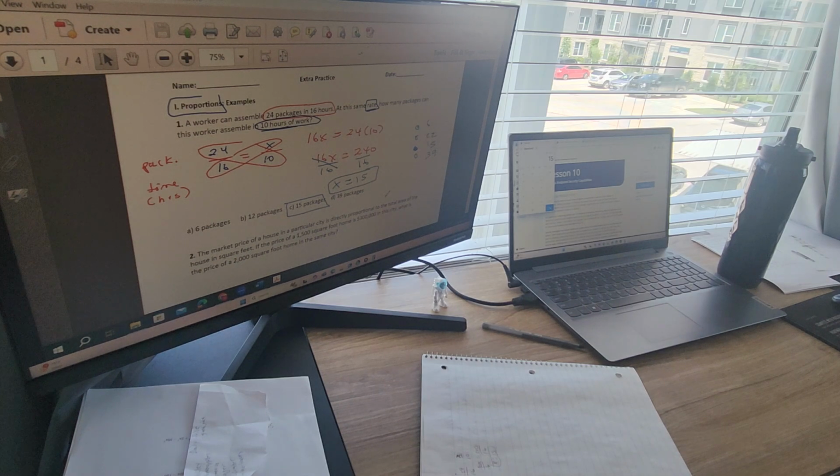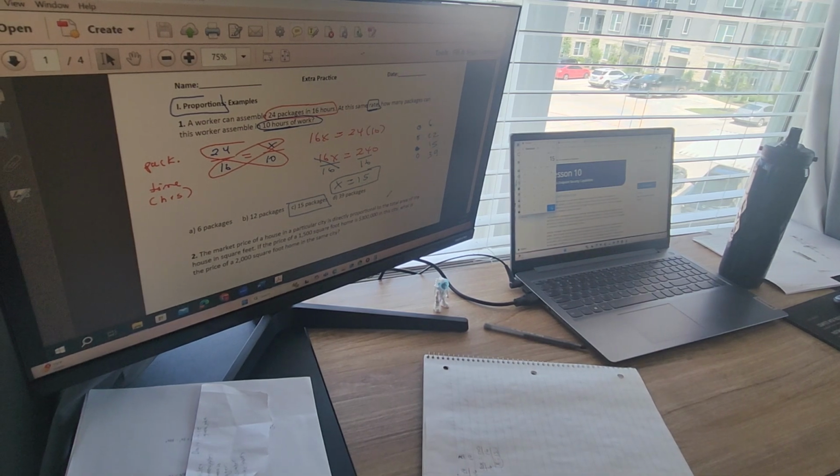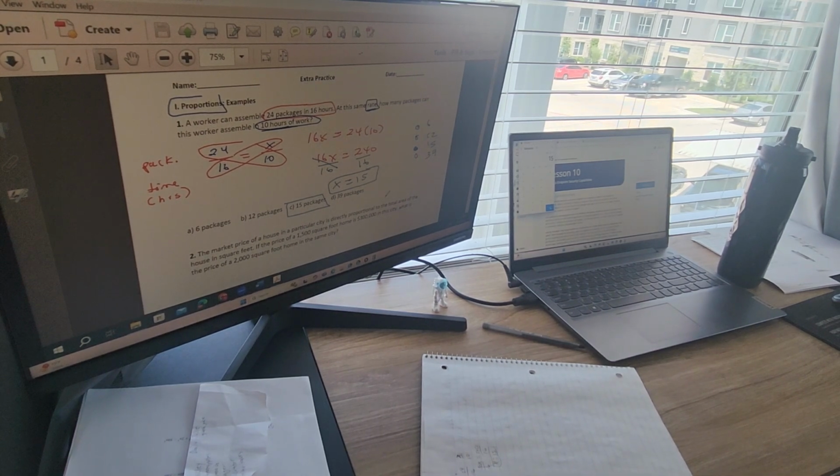Okay, so any comparison, any rate, they're going to give you three numbers in all. The first two are related somehow, and the last one is what they want to know, what goes with that. They could use the word proportional, directly proportional, or any of these things indicate that we're talking about proportions.